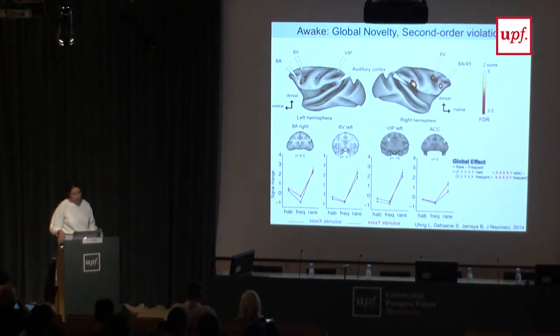So for the global violation, so the detection of a different sequence among the sequences that he learned as being the rule of the paradigm, he could activate the prefrontal cortex, the parietal cortex, which is there in the monkey, and the auditory cortex.